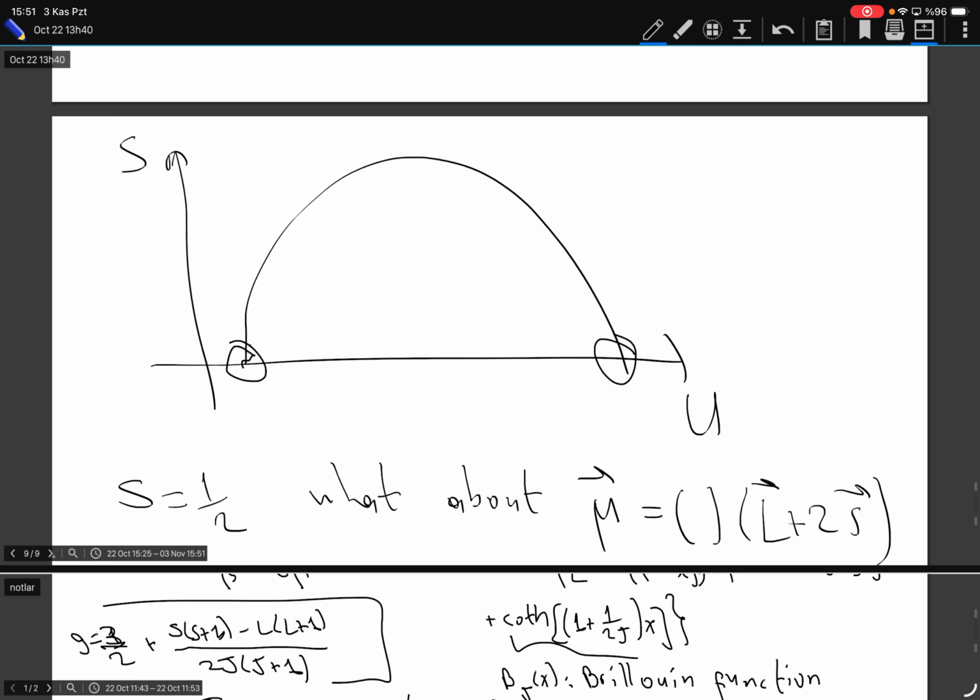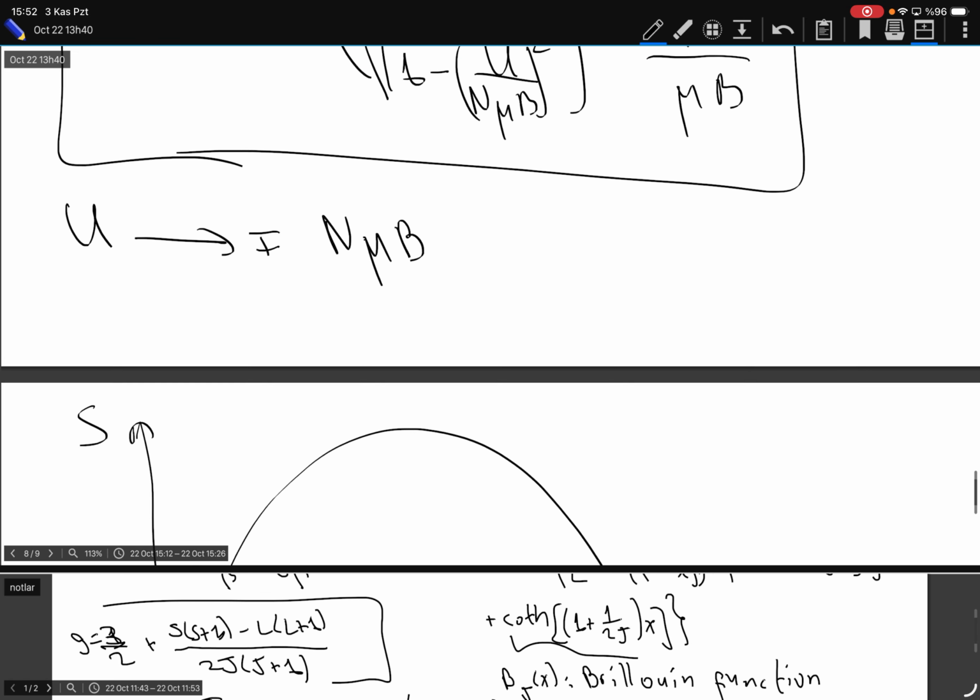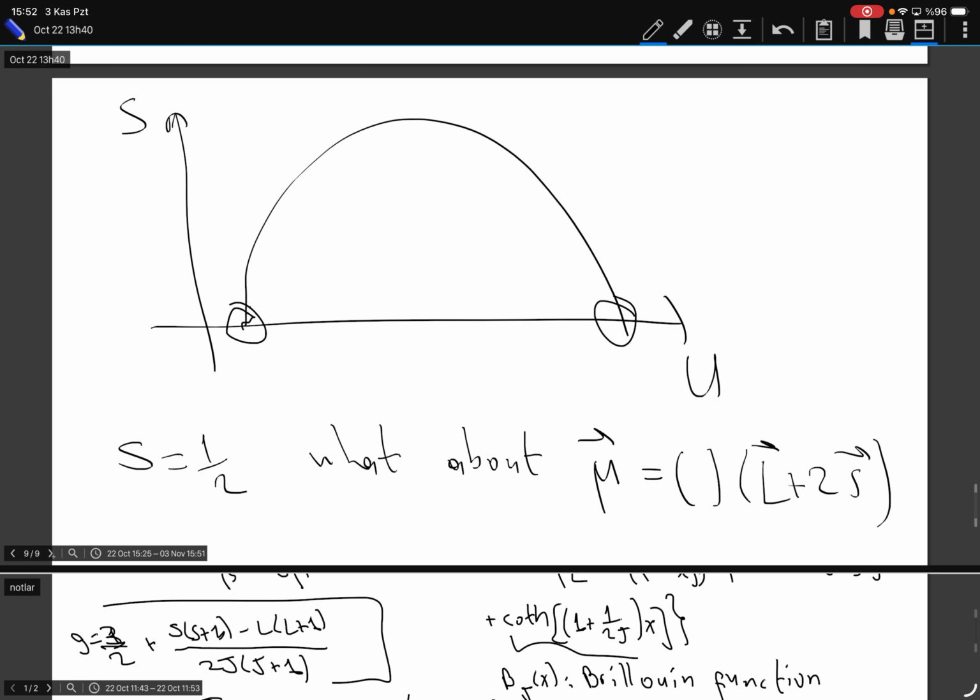It increases, but eventually, if you keep increasing the energy further, since the energy has an upper maximum, the entropy starts to decrease. Remember, 1 over T is dS by dU. If entropy decreases with increasing energy, that means the temperature is negative. So that is where we had left.